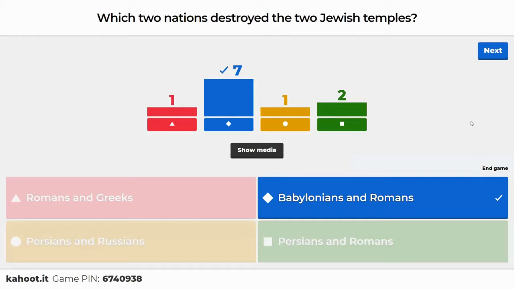These are the two nations. Seven of us got it right, and a few of us got it wrong. By the way, your phone will tell you if you got it correctly or not. But remember, the right answer for which two nations destroyed the two Jewish temples is the Babylonians and Romans. Let's go to the next question.